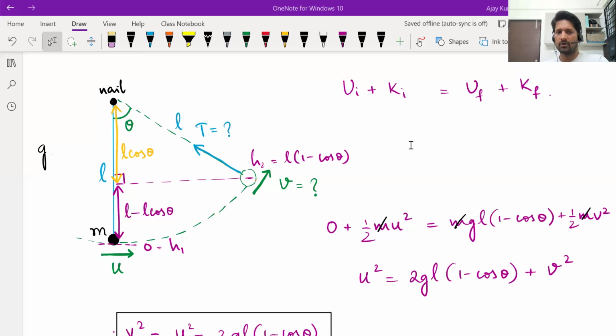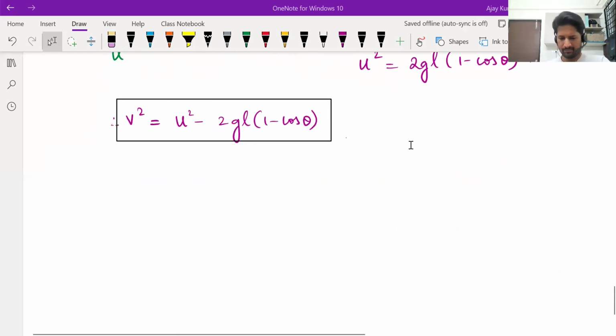We need an expression for tension in the string at that angle. How to derive that? T minus mg cos theta equal to m v square by r. That's all. Centripetal force equation.